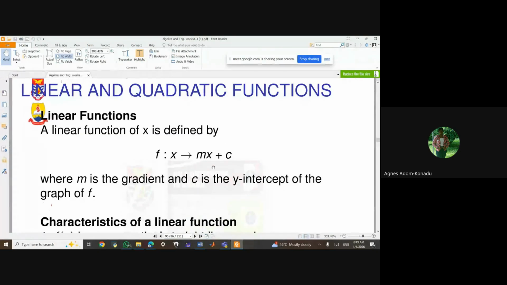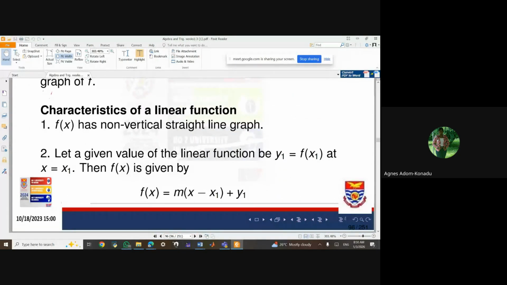So the expression is given as mx plus c, and your m is your gradient, and your c is your y-intercept. Now we look at some characteristics of a linear function. So if the function is f of x, then f of x has a non-vertical straight line graph.